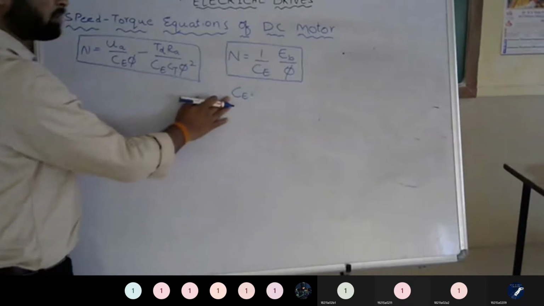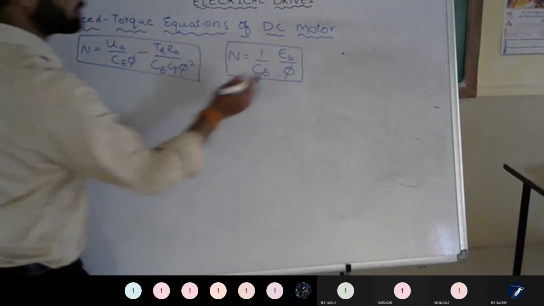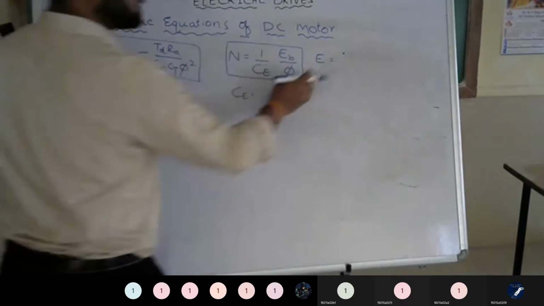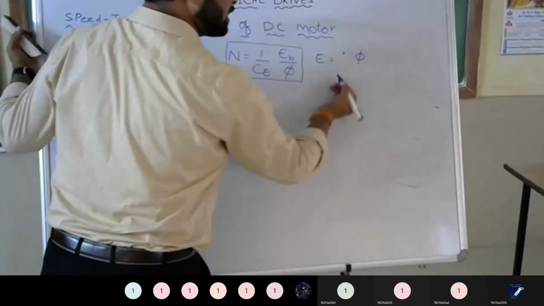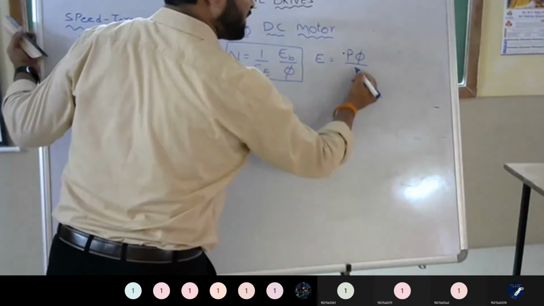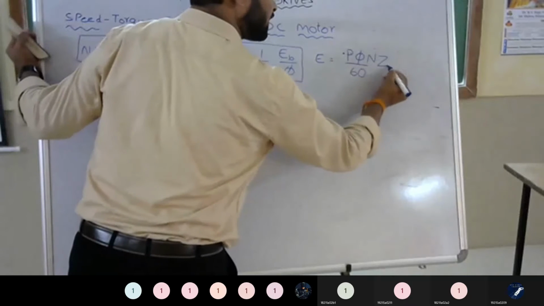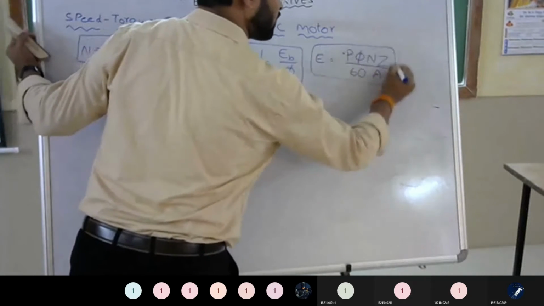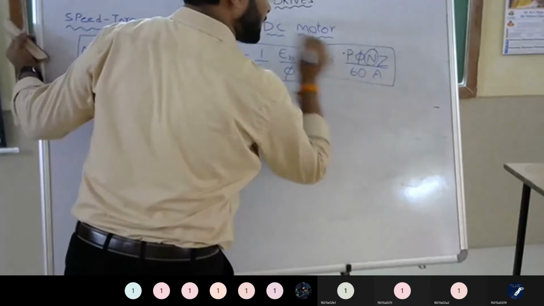How do we derive this one? CE means proportional constant when generating the EMF constant. So what is the EMF generated formula? Already we discussed that EMF is rate of change of flux. How much flux? 5 flux. In how many poles? P poles. And how much speed? N by 60. In N, how many conductors? Z conductors. How many parallel paths? A. This is the formula for E. From E, we take the constants.